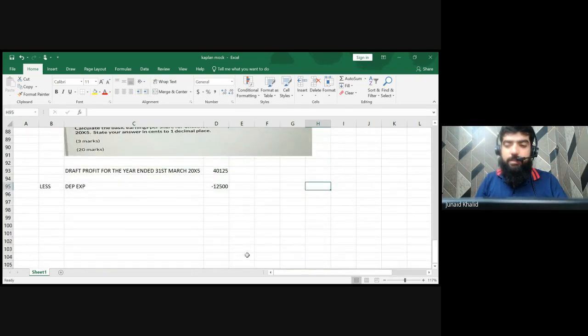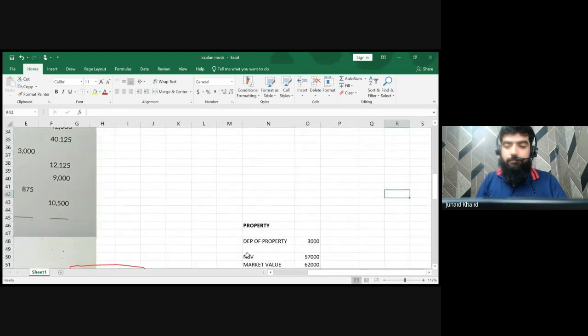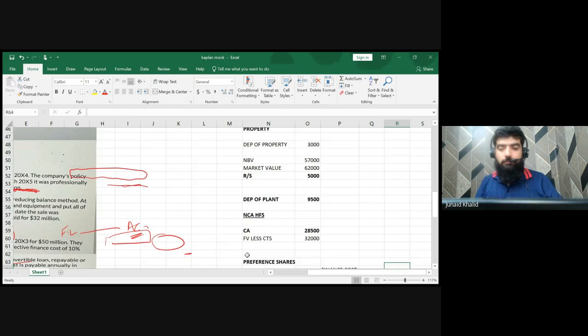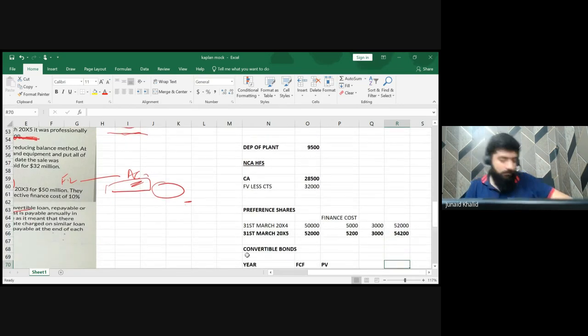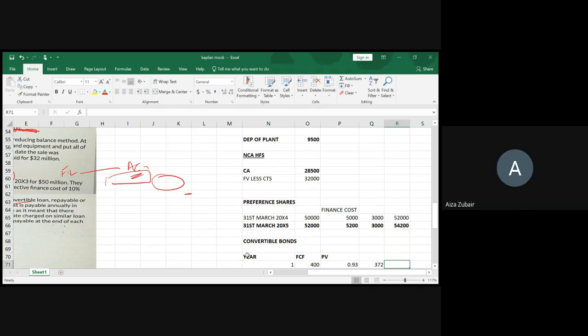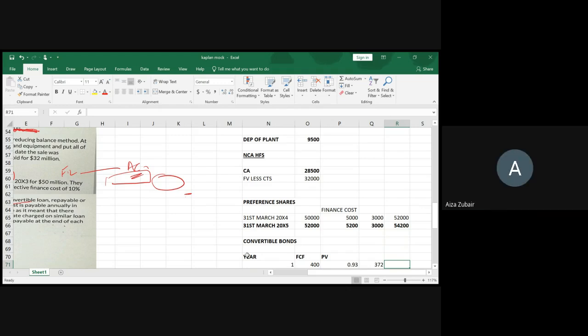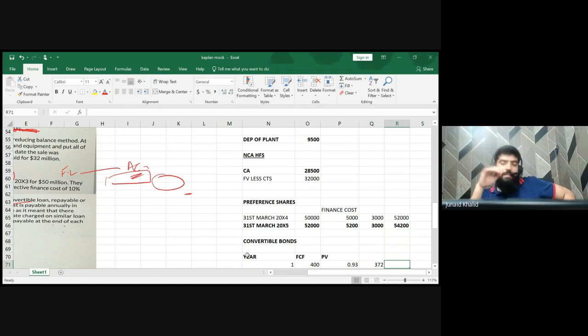Anything else that we need to adjust in that particular draft profit? No, I think from the property, plant, and equipment, that's all. Okay. Anything else other than property, plant, and equipment?